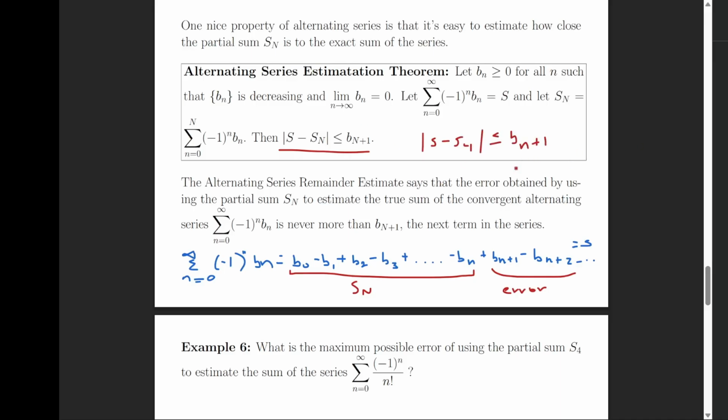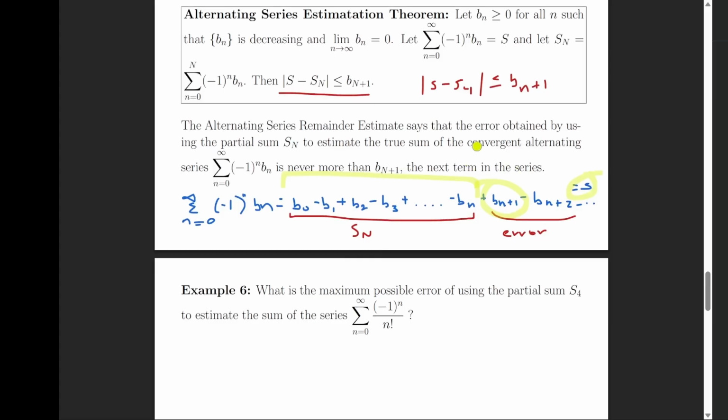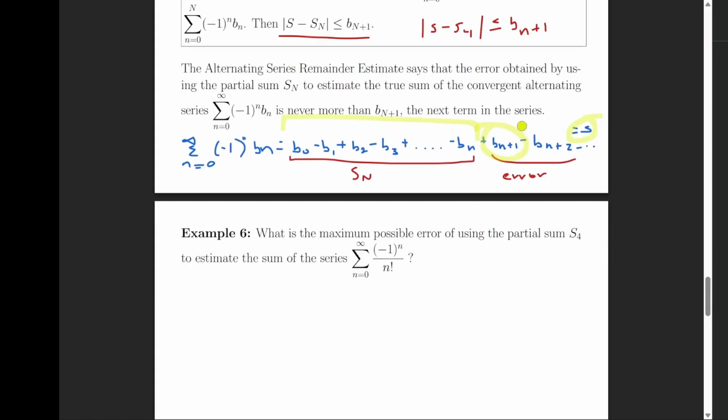So basically what this is saying is that the sum of the whole thing right here minus s of n, whatever n is, it's not equal, it's going to be bounded by this one right here. So whatever we're trying to find, or whatever the estimation thing is, it's going to be bounded by whatever is just outside of n.